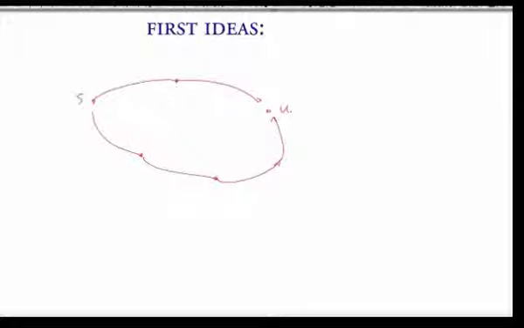So let's say the shortest path from S to U is along this way, but it has more edges: 1, 2, 3, 4 edges instead of 2.